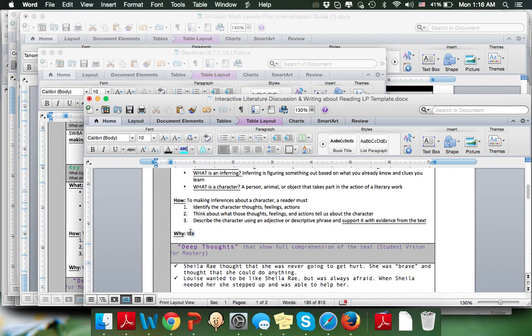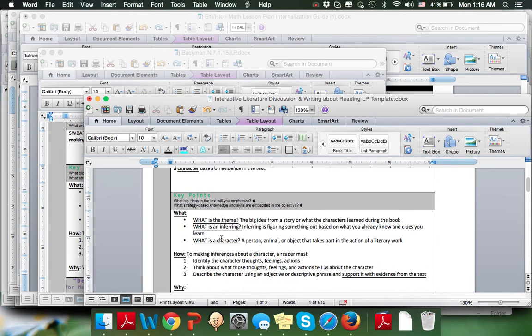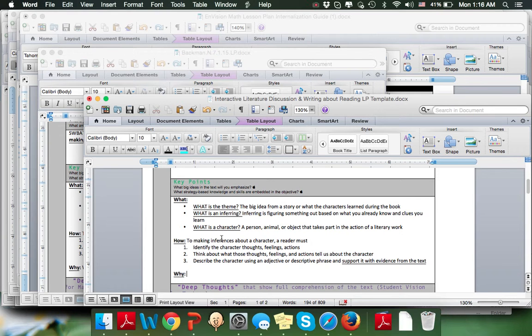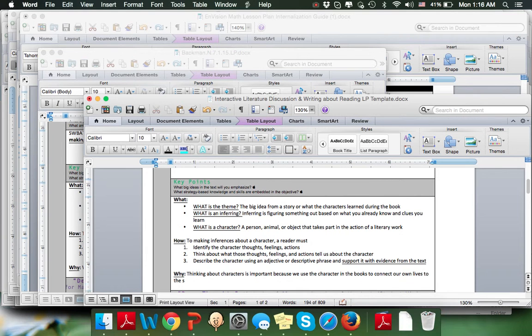The final key point is your why key point. Here, we are looking at why this skill is important for your readers as a whole. So I know that thinking about characters is important because we use the characters in the books to connect our own lives to the stories.